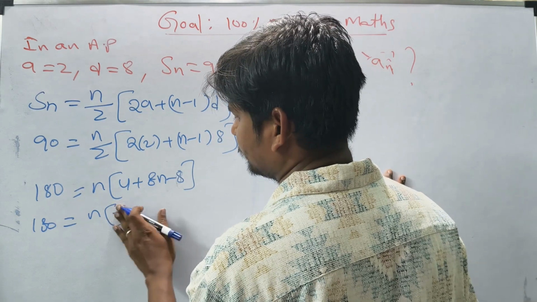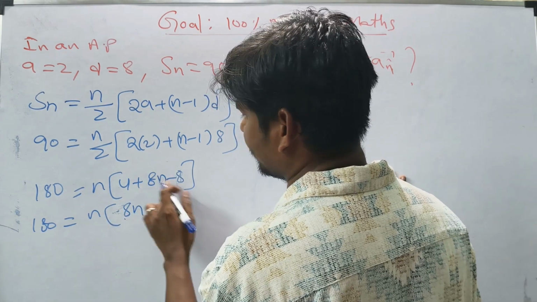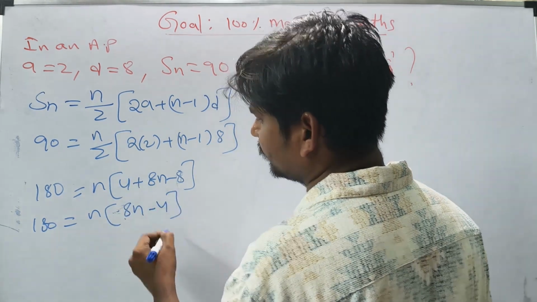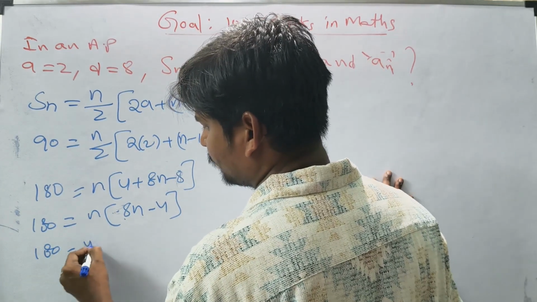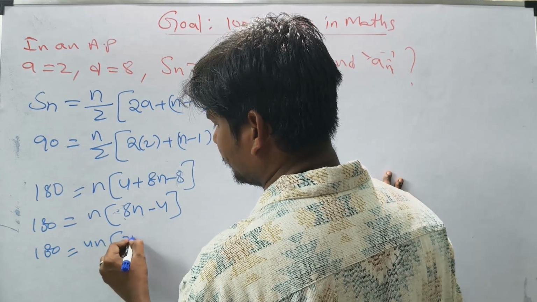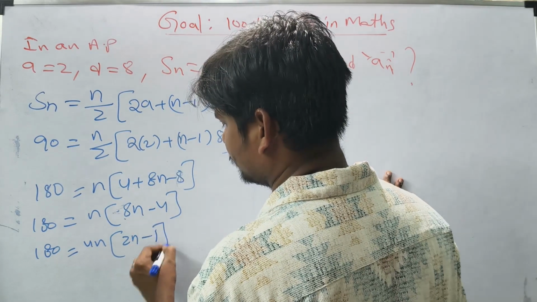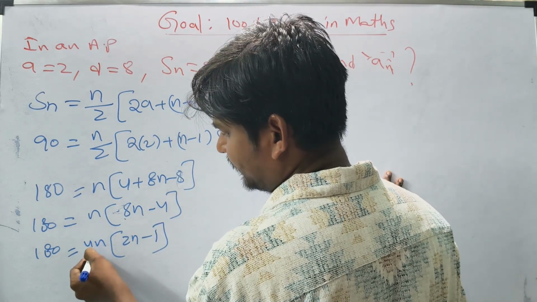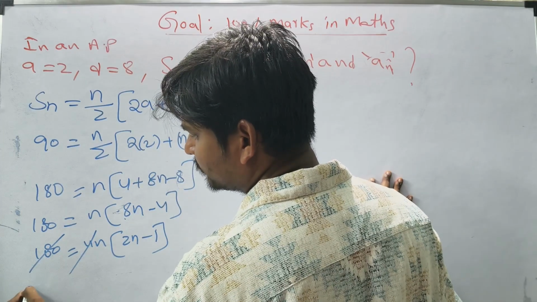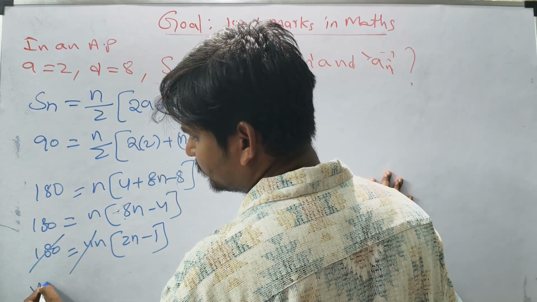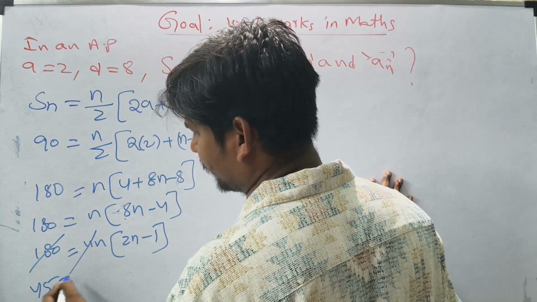Yes, correct. Why? Because 8n as it is, minus 8 plus 4 is nothing but minus 4. Now if you take 4 common, 180 equals 4n, then it becomes (2n minus 1). Now already n is there, that's why here 4n. Now 4 in this, how many times gets cancelled? 4 fours are 16, 5 fours are 20, so 45 times.